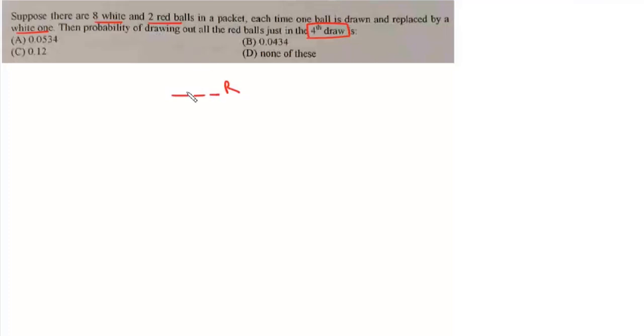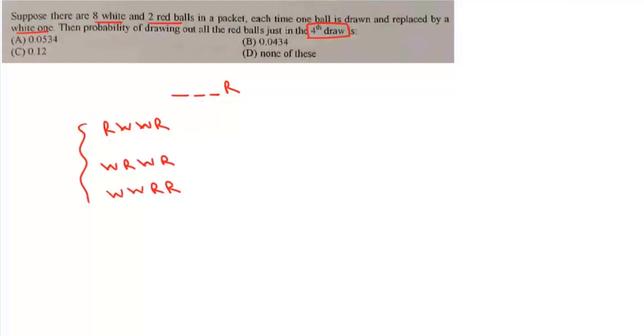Now this first red can either be the first, second or third. So the possibilities are either R, W, W, R, or W, R, W, R, or W, W, R, R. So these are the three possibilities in which both the red balls are drawn by the fourth draw.